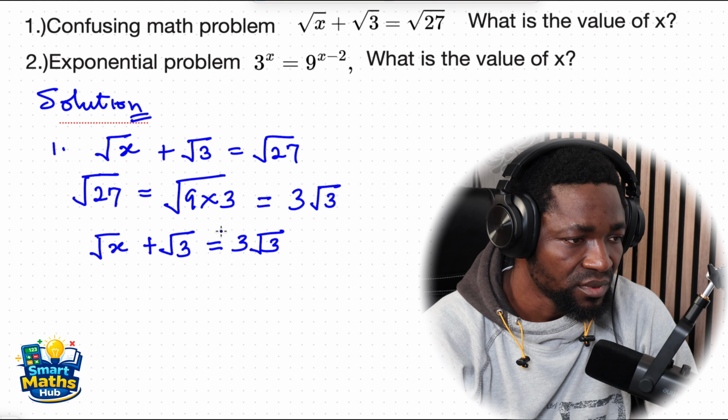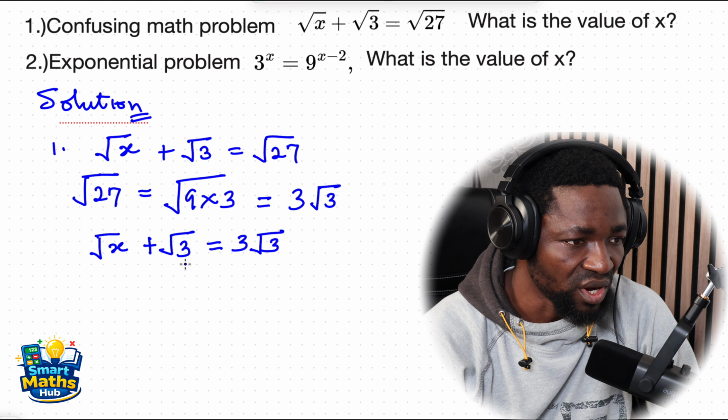The second step is to isolate the square root.